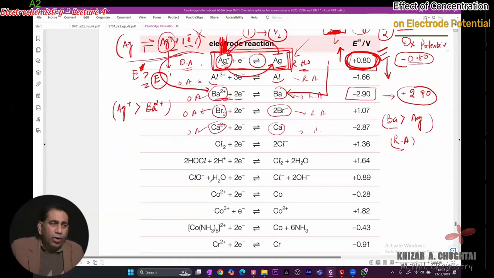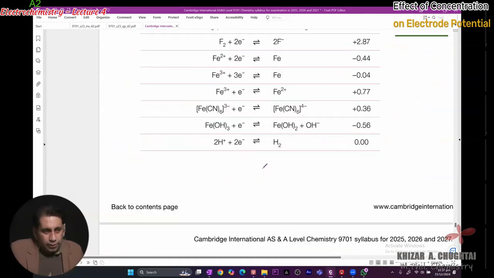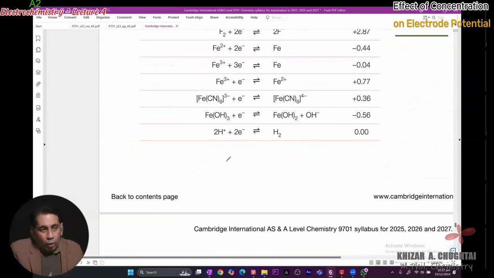Same is the case if you have an overall reaction. For example, I have an overall reaction, let's suppose: 2 moles of Fe2 positive ion plus 2 moles of H positive ion, and here is the formation of H2 plus 2 moles of Fe3 positive ion.